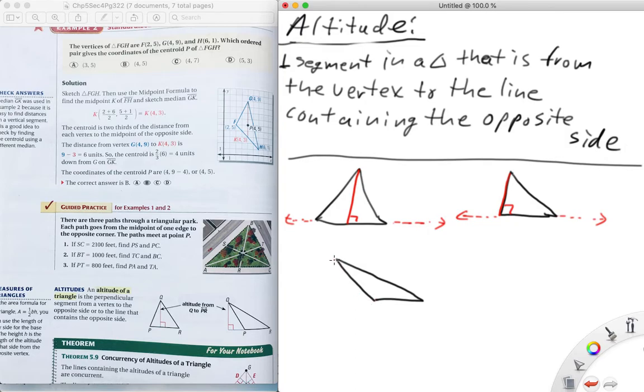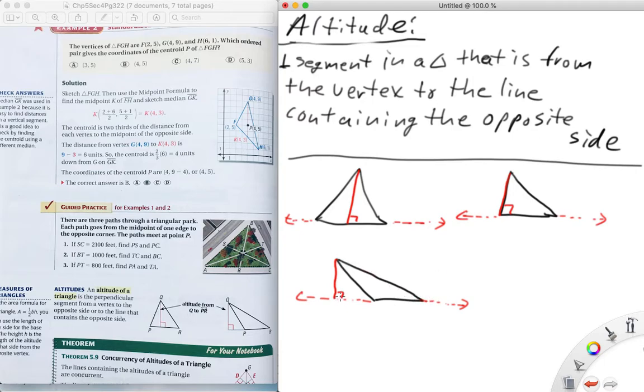If we look at this vertex, and we were to draw this line containing the opposite side all the way through, like so, we can come down from our vertex, and our altitude doesn't necessarily have to be within the triangle. Okay, so there's our altitude here.